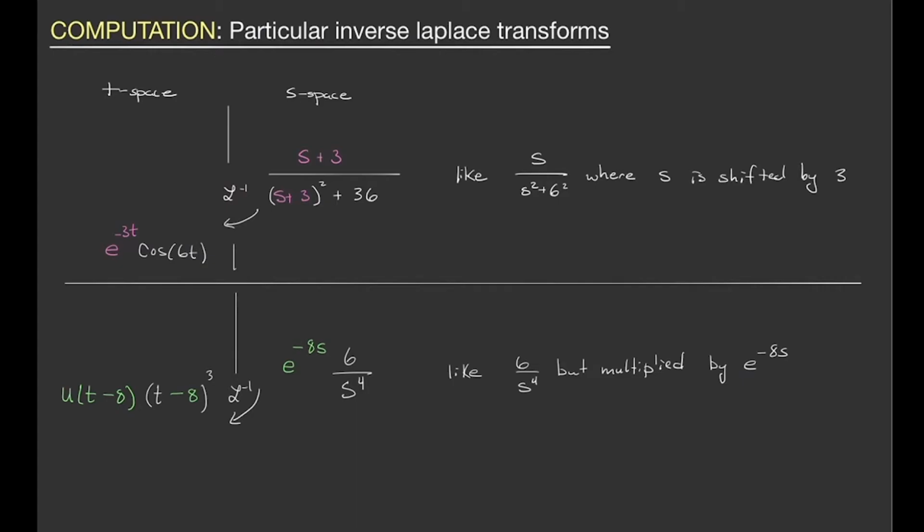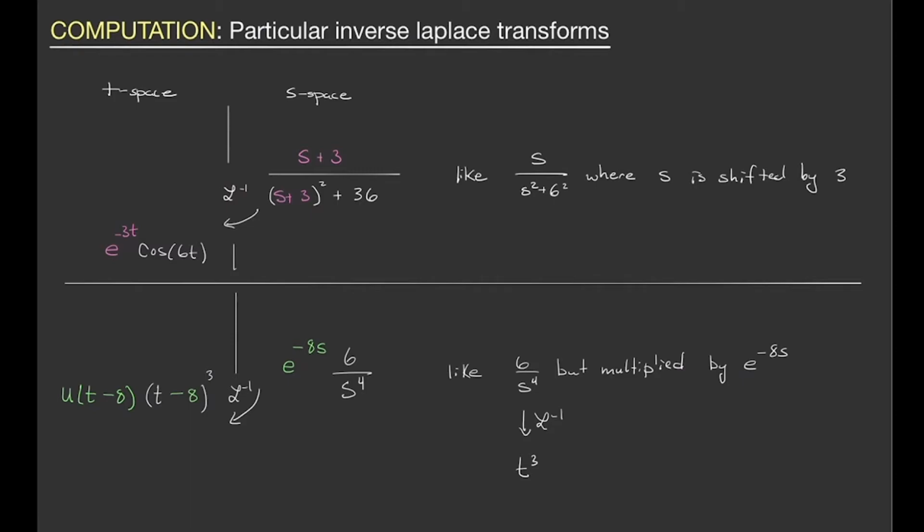When we take the inverse Laplace transform, what we get is essentially what we would have had, which is t cubed. But now instead of t cubed, we do the shift over here. And also to go along with it, we have the Heaviside function.